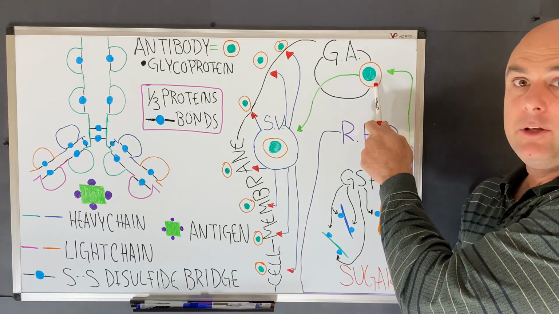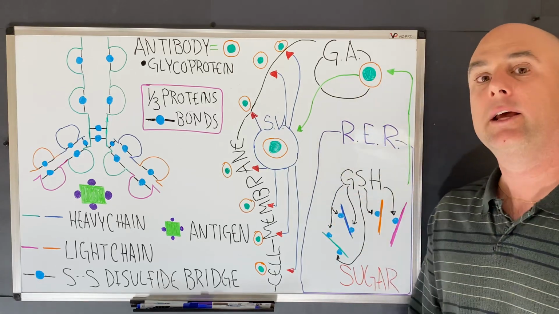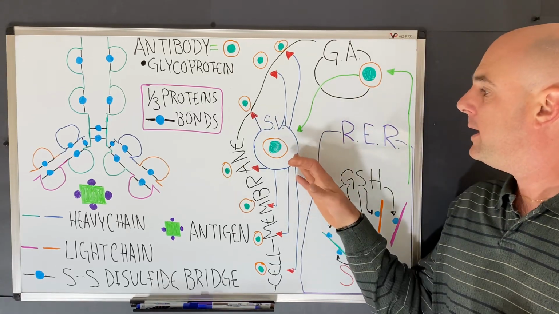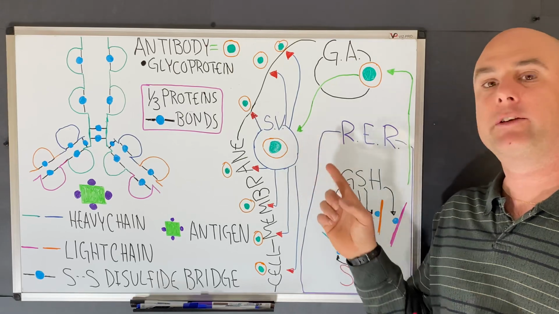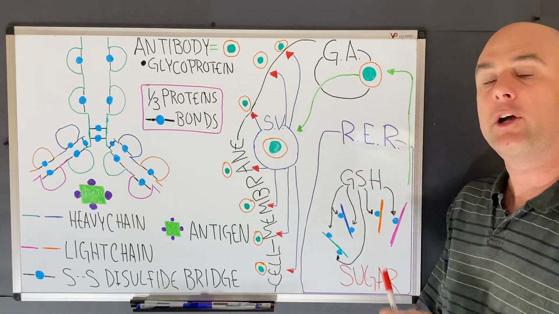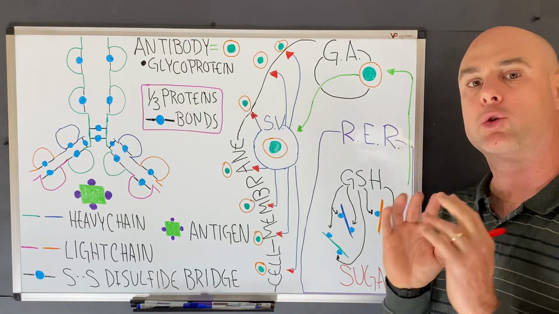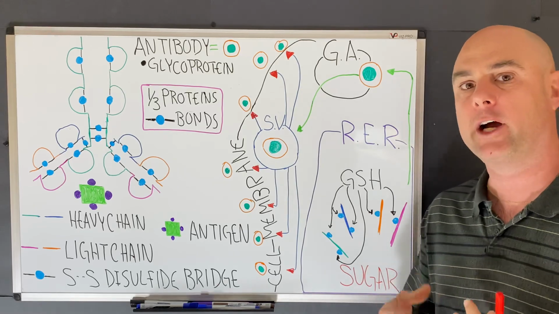After the antibody leaves the Golgi apparatus, it is secreted in small packages called secretory vesicles, at which point they can either coat the cell membrane, depending on what immune cell it is, or they can be secreted into the environment.